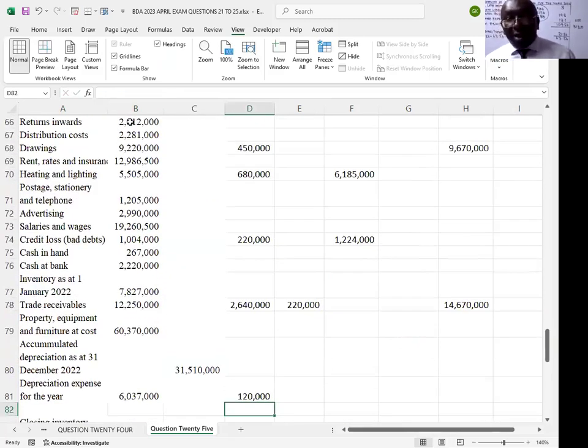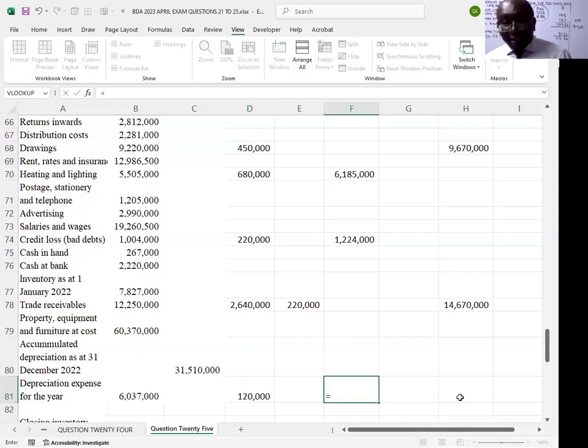And the depreciation for the year is an expense. So we need to debit it in the income statement. So we will take this original plus what we have increased. So give me the answer.